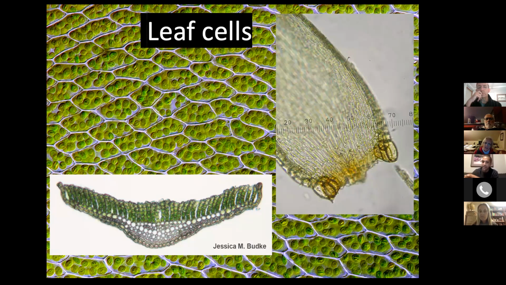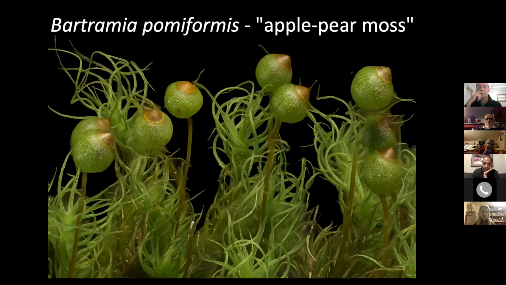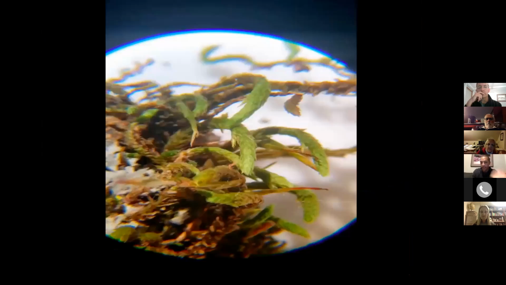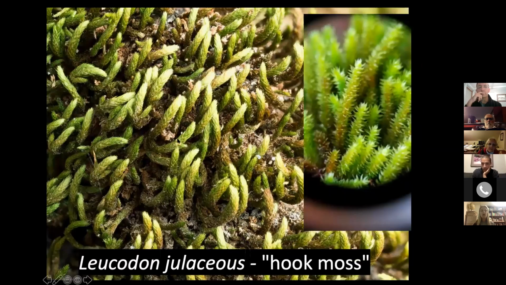Basically that cell, when the moss gets wet, expands, and that causes the leaf to bend outward from the stem. Wow. So when this gets wet, the alar cells expand and then cause those leaves to spread outward. Oh, okay. Thank you. Very cool.